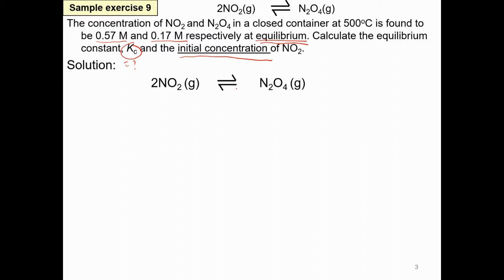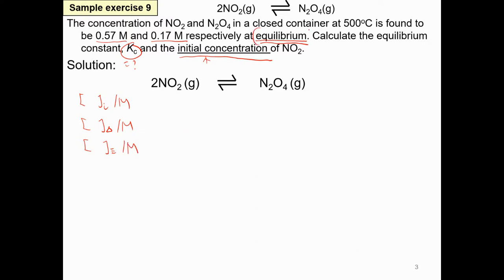So rewrite the reversible reaction equation, and since we want to find Kc and also initial concentration, we build an ICE table for concentration: initial with unit, change, and then equilibrium.